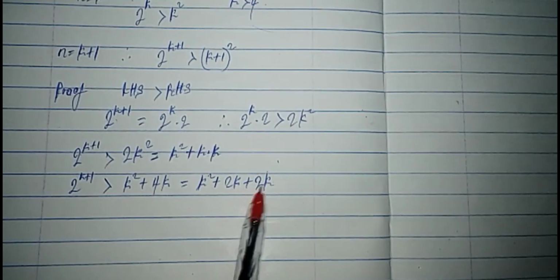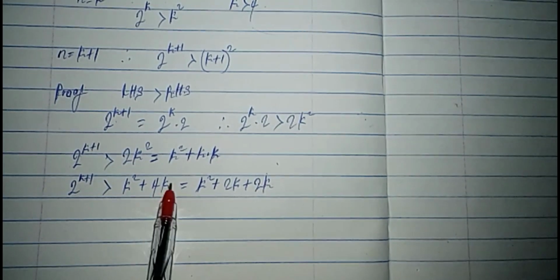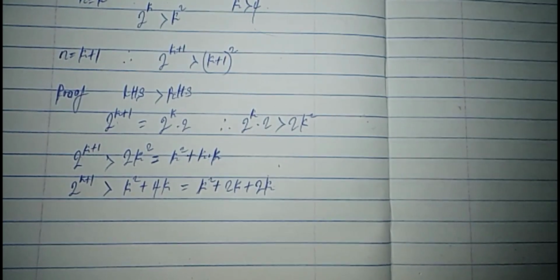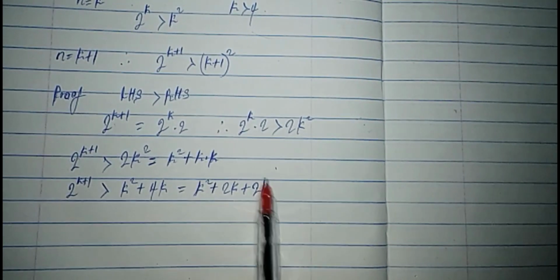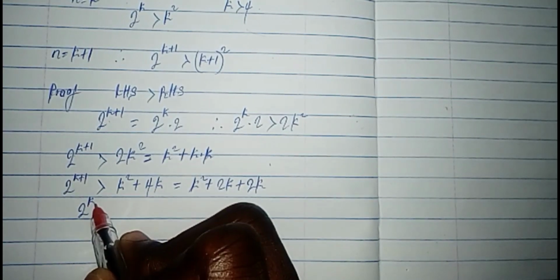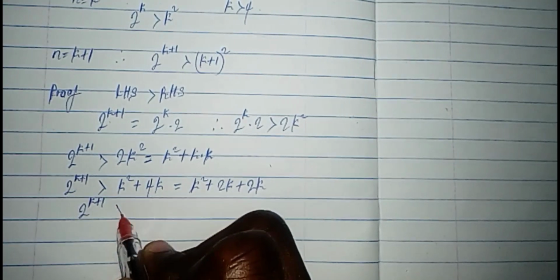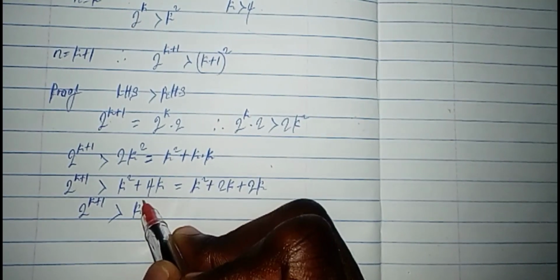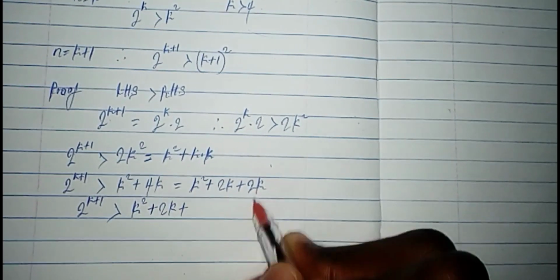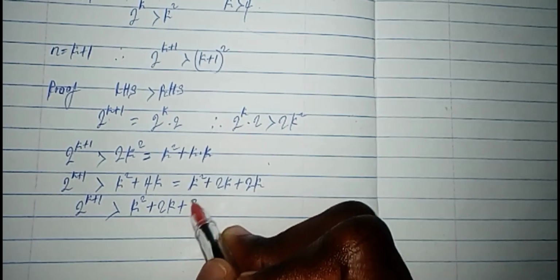K squared plus 2k plus 2k is equal to k squared plus 4k. So now what is k? We know that k is greater than 4. Yes, k is greater than 4. So if k should be at this part of the equation, we can still say that 2 raised to power k plus 1 is greater than k squared plus 2k plus 2 times 4. That will give us 8.